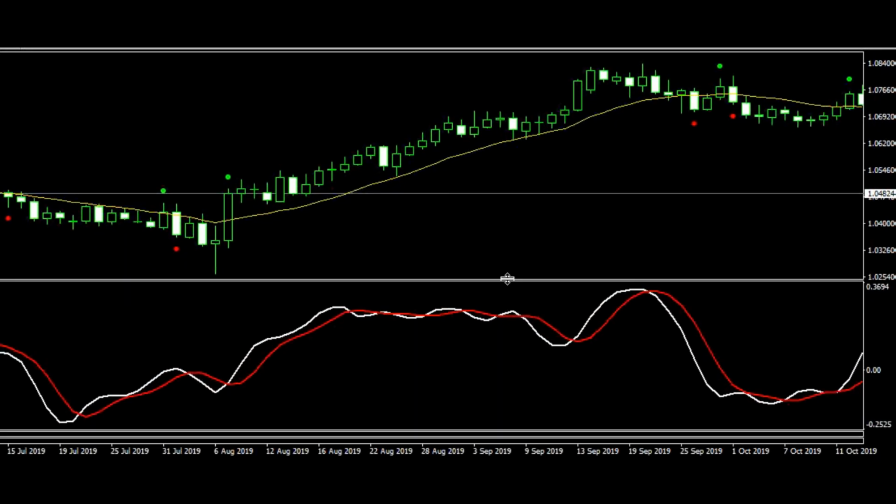Now, one of the exit indicators that I actually have been using on my algorithm is the RVI. That stands for Relative Vigor Index. Now, when you download this, it may have different colors. It may be blue and green.